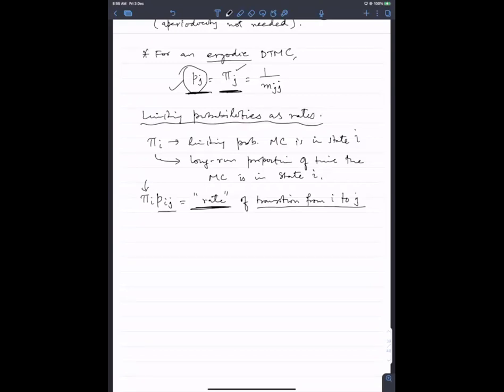Okay. So what is this quantity? This quantity is basically the fraction of time the DTMC is in state I with state J as the next step.